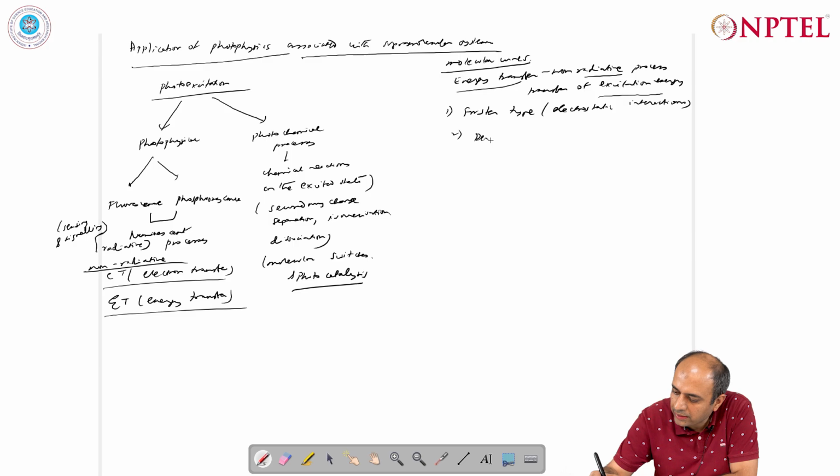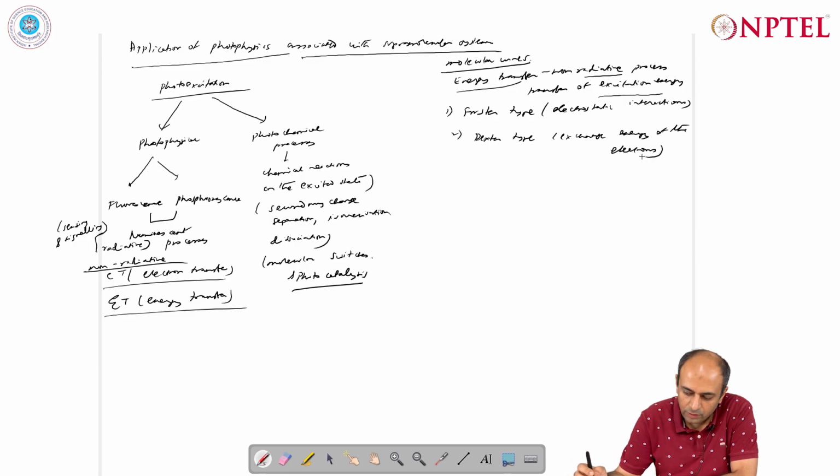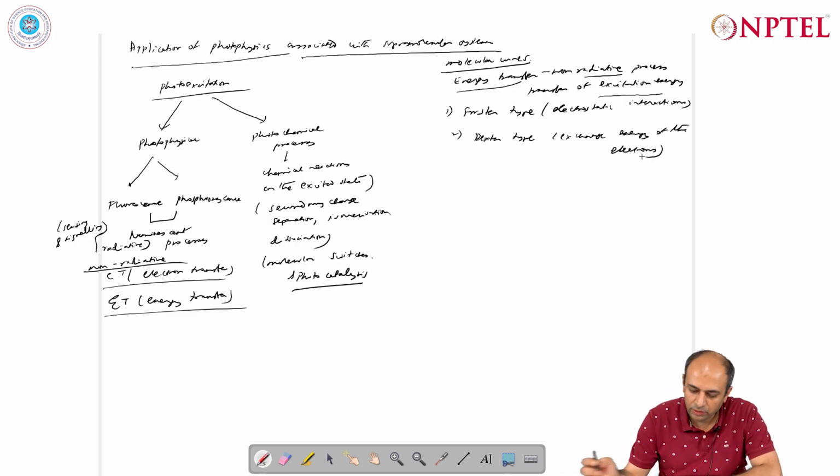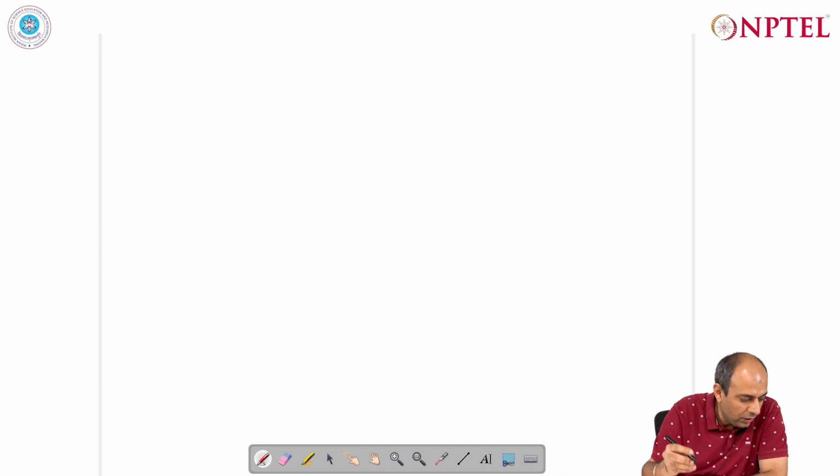And the number 2 is the Dexter type, which is the exchange energy of the electrons. So we can look at these processes more carefully now.